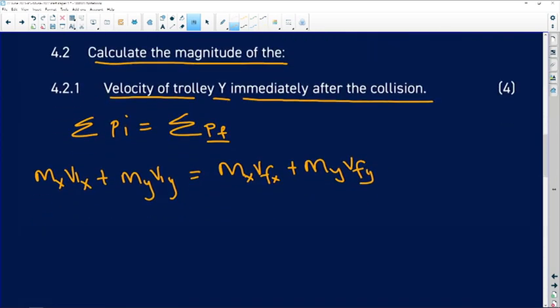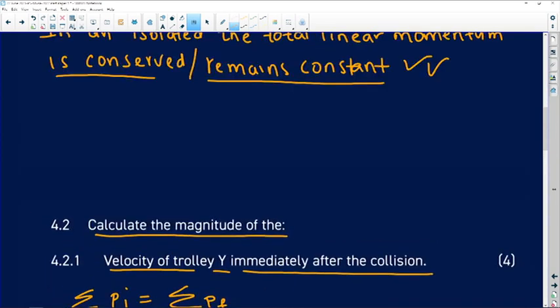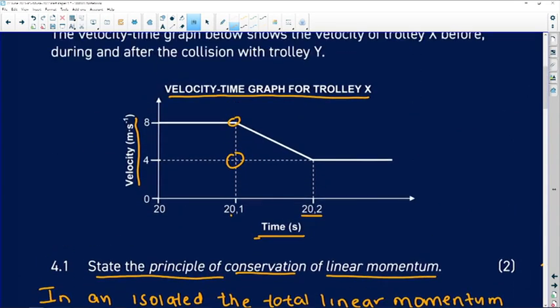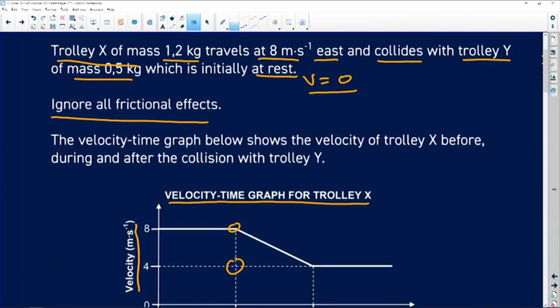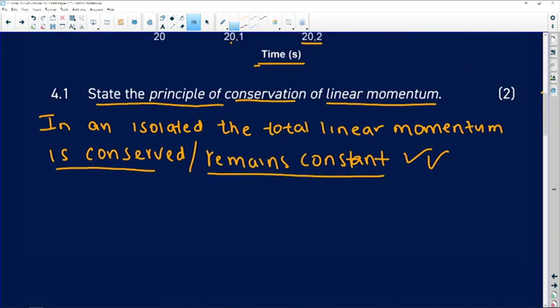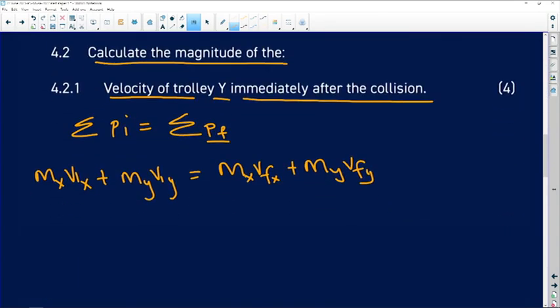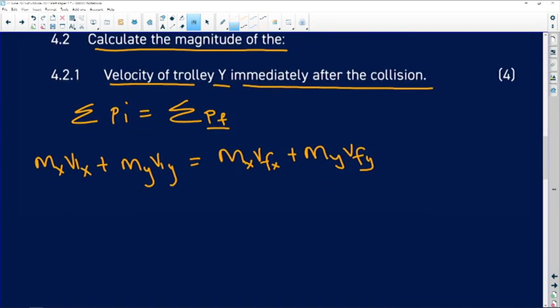Now, the mass for X, we said is what again? Let's verify for the last time. We said it is 1,2. So we write 1,2. What is the velocity then? It is 8. Remember to choose direction here.